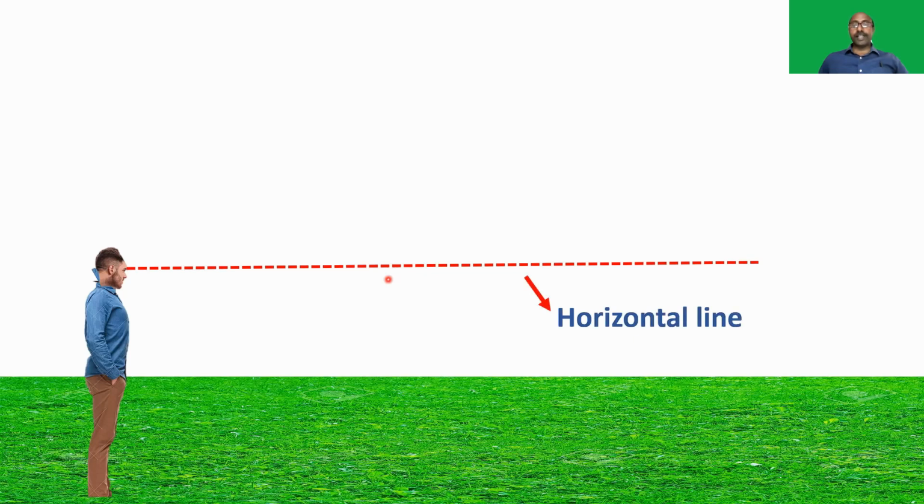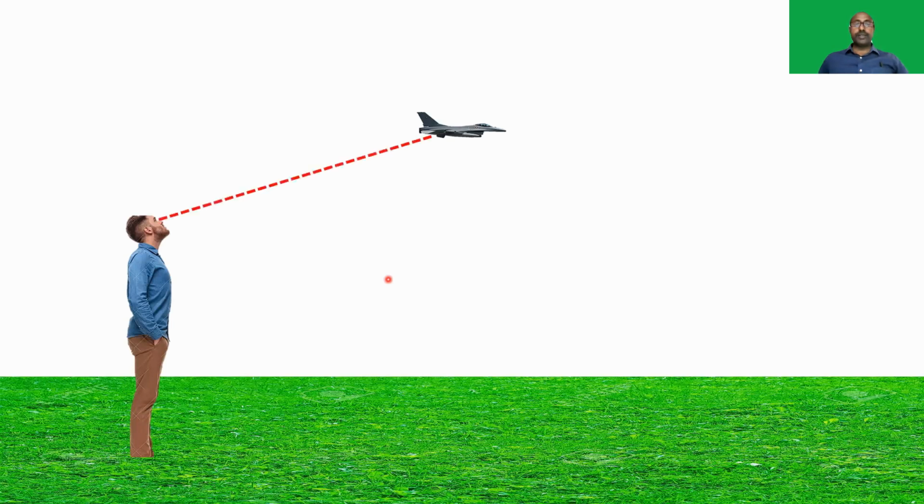Next, line of sight. What is line of sight? Now the person is looking at something. What is he looking at? He is looking at a flight which is flying in the sky. Now the line joining the person's eye to the object, that is the flight, is called line of sight.